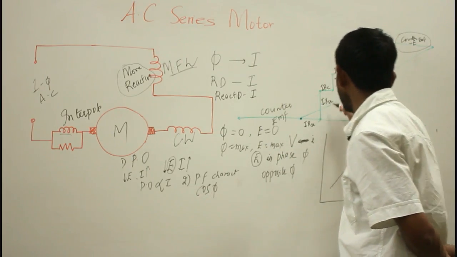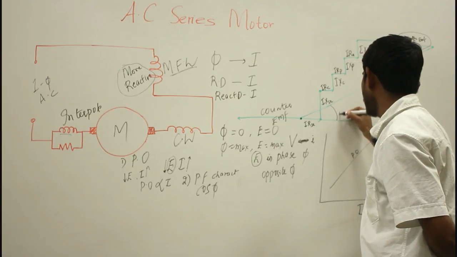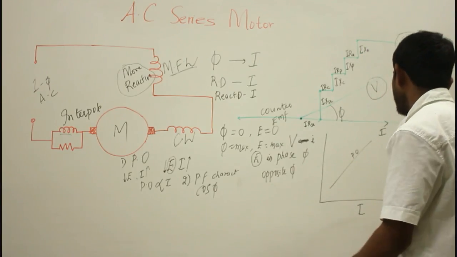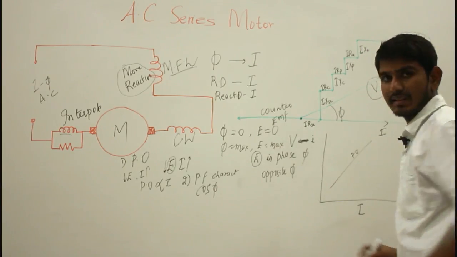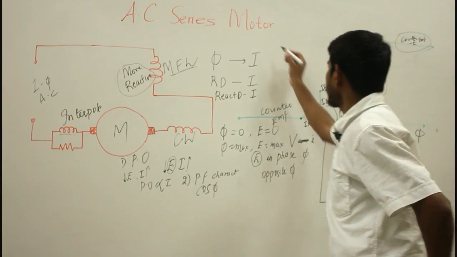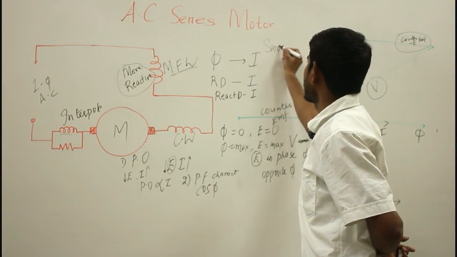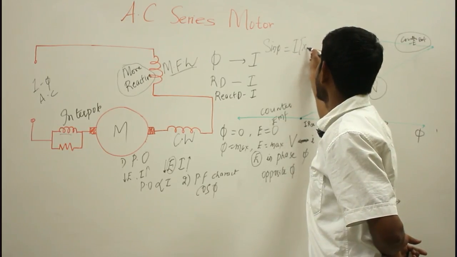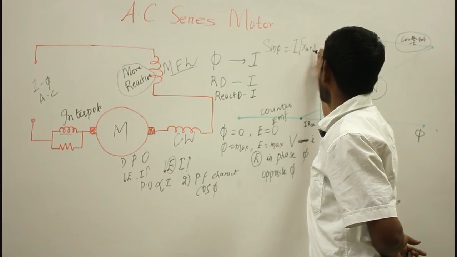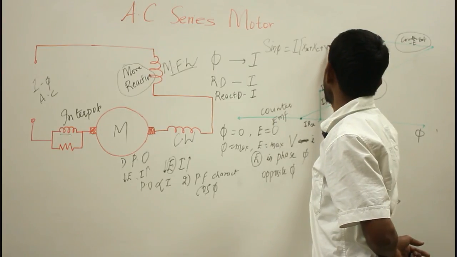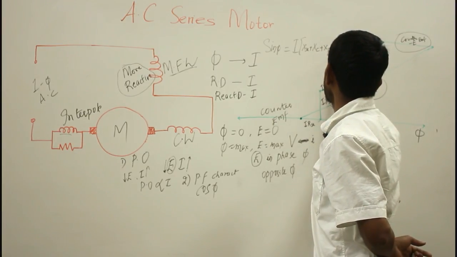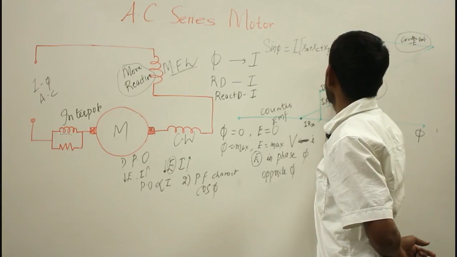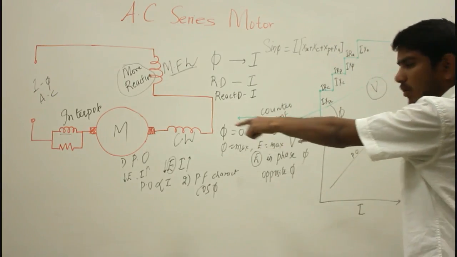Now from here, this will be your phase angle phi. From this phasor diagram, you can write sin phi will be equal to I into (Xsc plus Xc plus Xp plus Xa), that is the reactances of all the 4 windings.